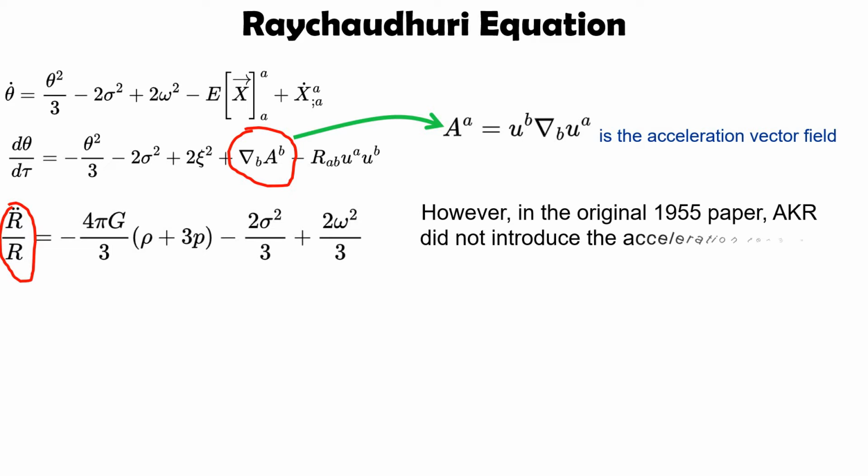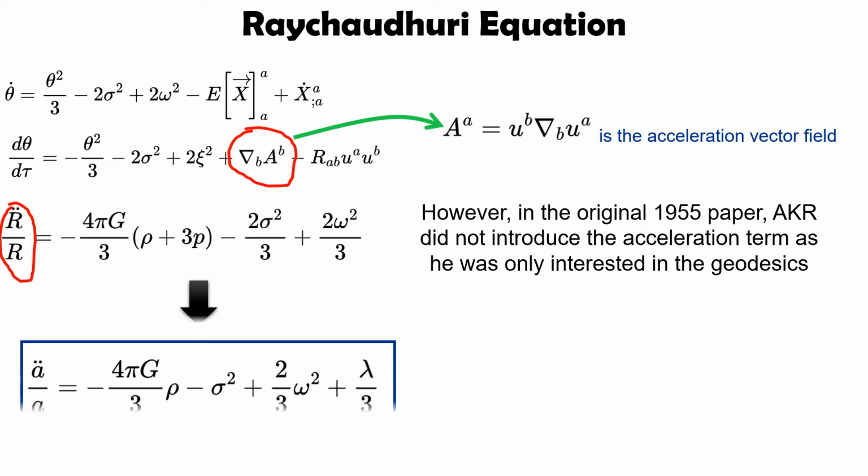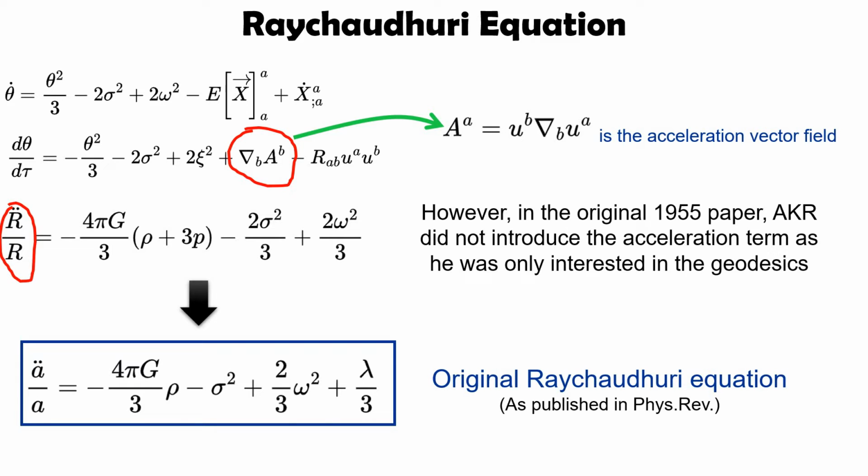But just remember that the original paper of AKR, which was published in the Physical Review in 1955, did not introduce the acceleration term because AKR was only interested in the geodesics, and this is how the original Raychaudhuri equation looks as it is published in the Physical Review. So more or less you can see there is something which is acceleration, and we will deal with acceleration obviously because that leads to the contraction of the universe, formation of singularity, etc.